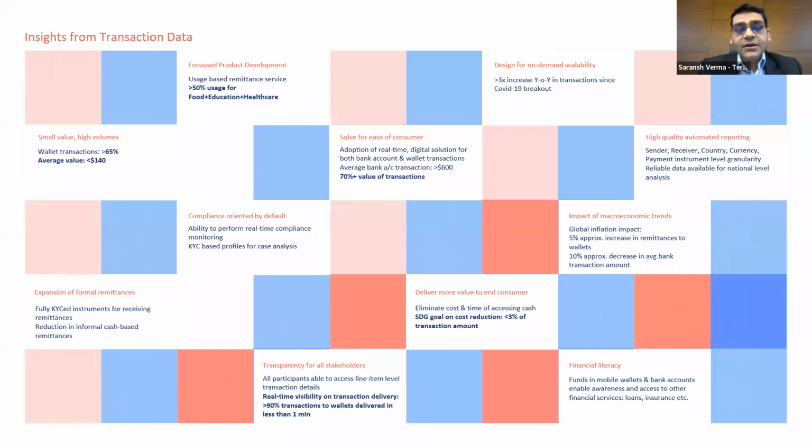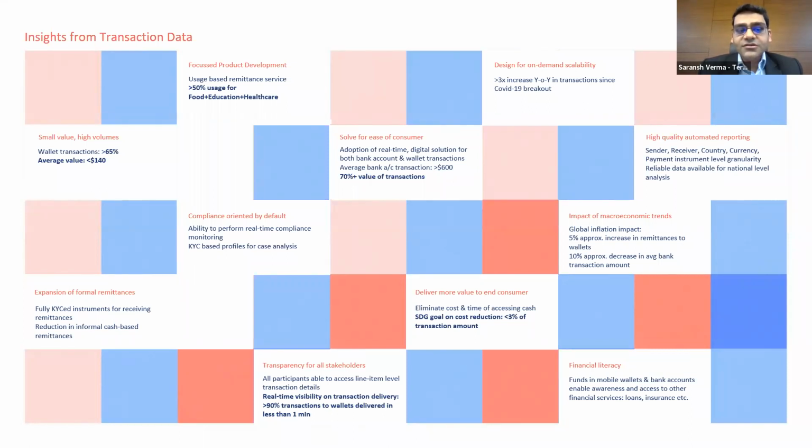I'll talk about the contribution of real-time digital payment instruments towards expanding the fold of formal remittances, because these remittances are done over instruments which are fully KYC'd, bank accounts as well as wallets, and we can extend that to other digital payment instruments.